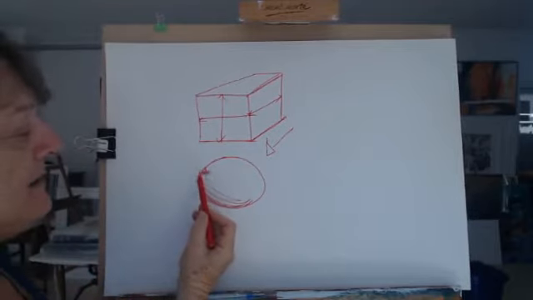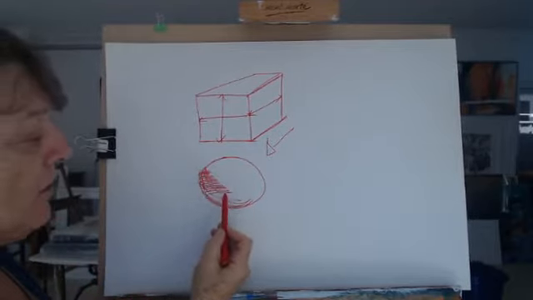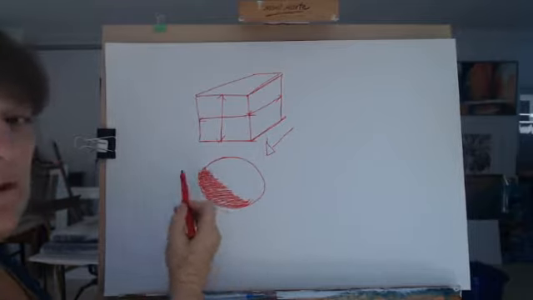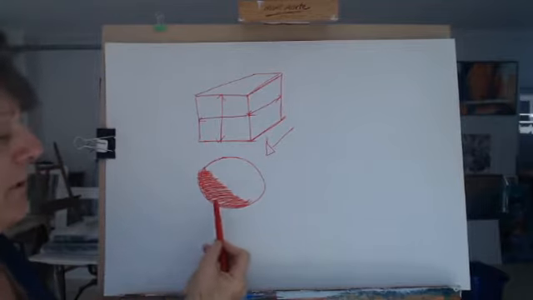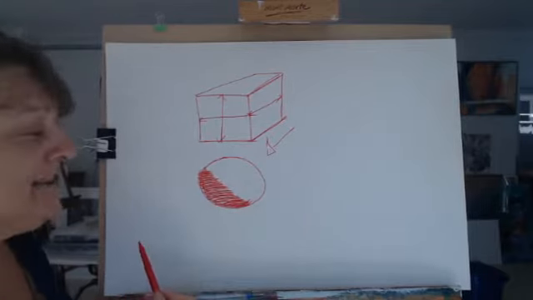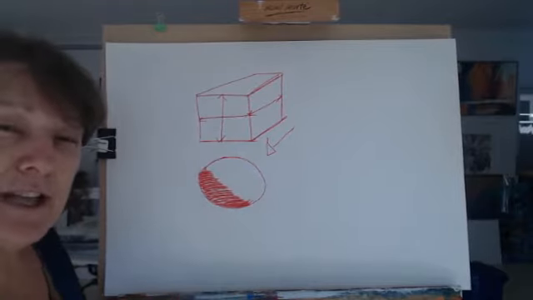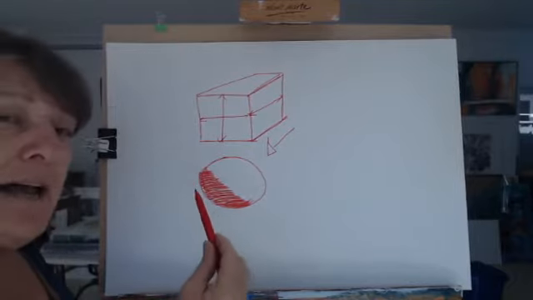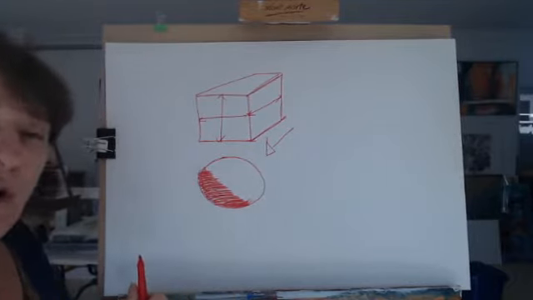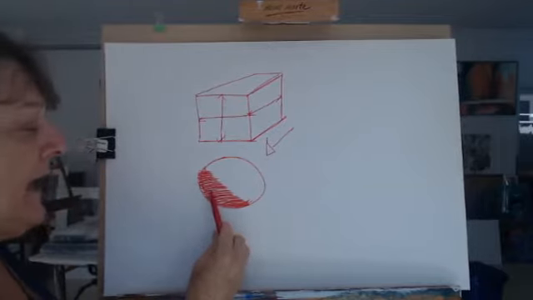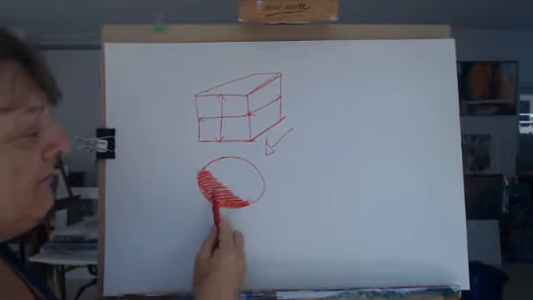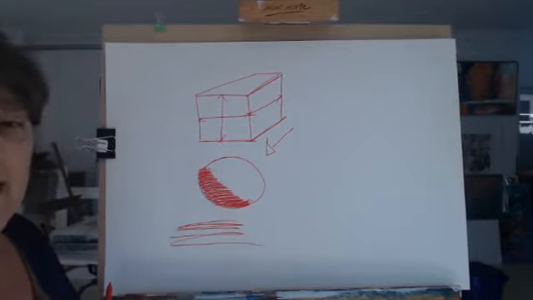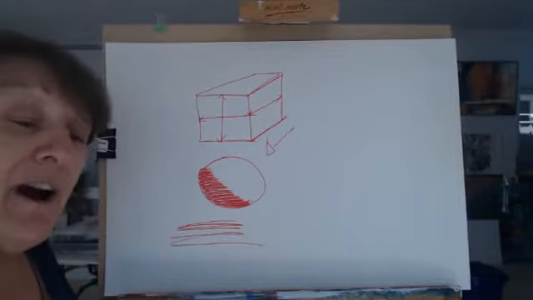So if I put my shadow on this circle in that sort of way, with a flat shading, it does give you the information that there's shadow there and that it might be a sphere, but I am not adding to the illusion of this being a ball, because I've put a flat mark there. So my marks have gone all flat like that, and that doesn't improve our illusion.